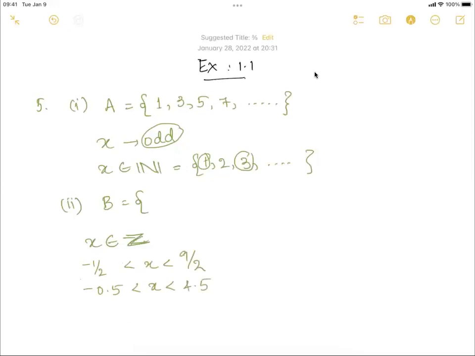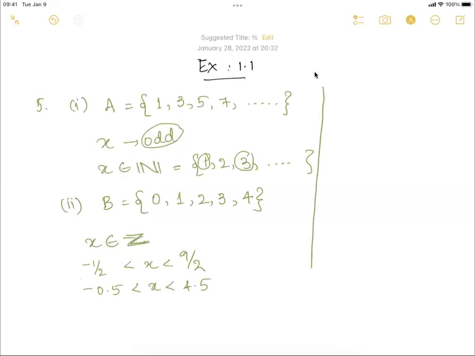So x is an integer, so it cannot take values like 0.5, 0.2, 0.1, anything like that. It has to be an integer. So the immediate integer that's greater than -0.5 is 0. So it's going to be 0, 1, 2, 3, and 4. It has to be less than 4.5, so this will be the set.